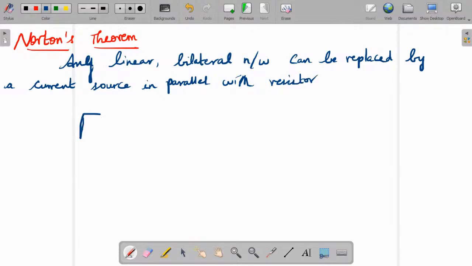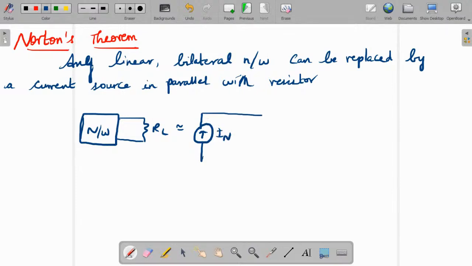Okay, so if you have a linear bilateral network with load resistance, then the third one is superposition theorem.